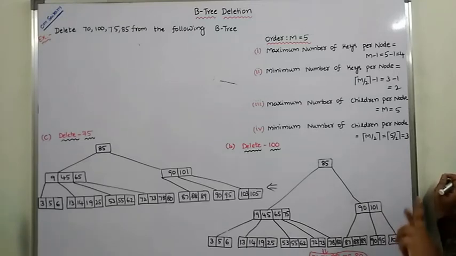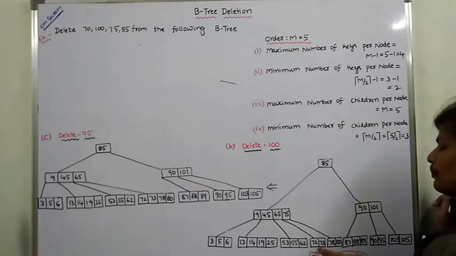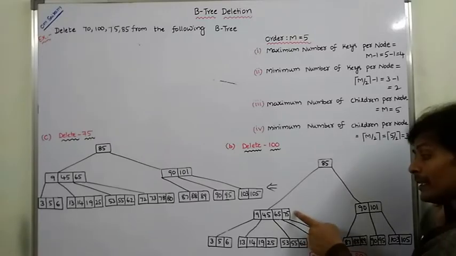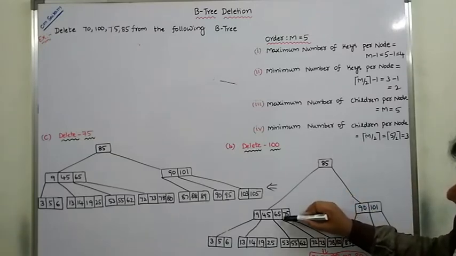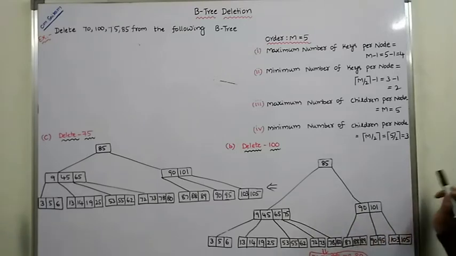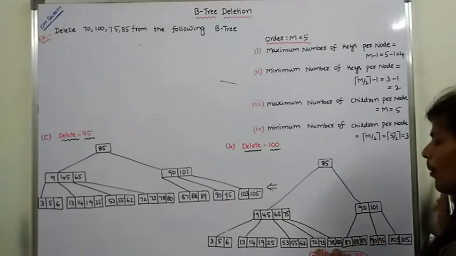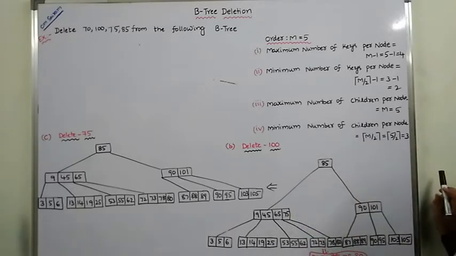So we have to perform the merge operation between the left subtree and right subtree of that target key element. 75 left is this one, 75 right is this one. We have to perform the merge operation between these two nodes with the parent 75.